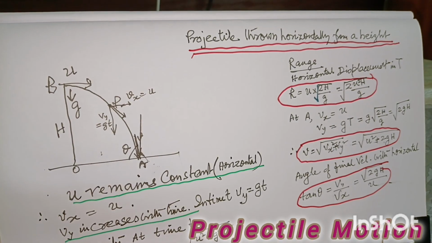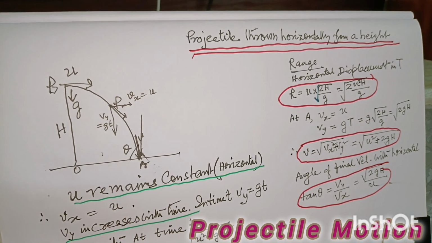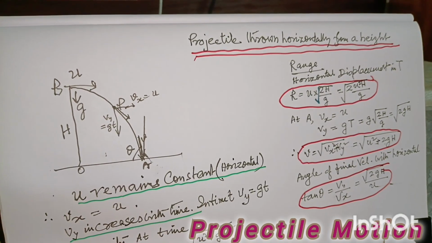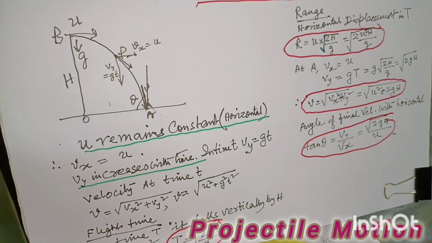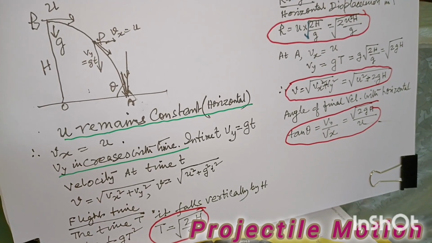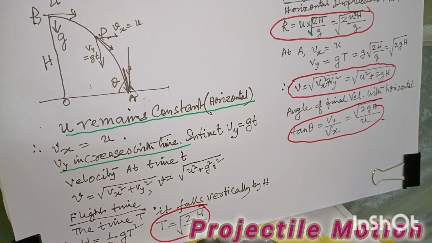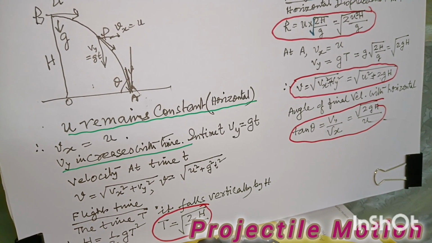Now u here will be 0 because the vertical component was 0 initially, and a is g here, so it will be 0 plus gt, meaning Vy will be gt. That means the two components will be, one will be u, another will be gt. Now this gt component increases with time because time is not a constant.